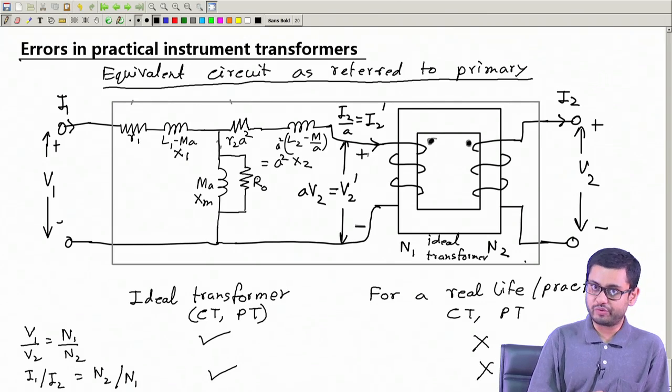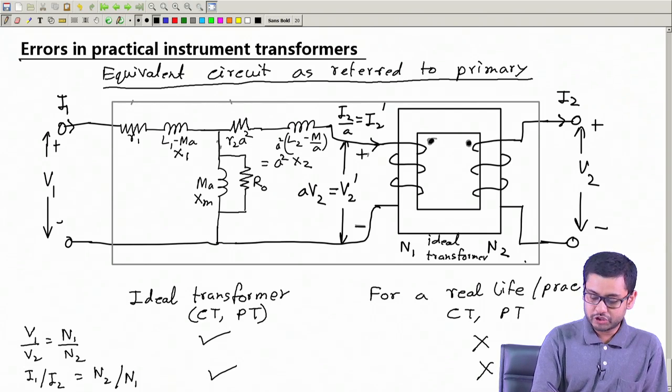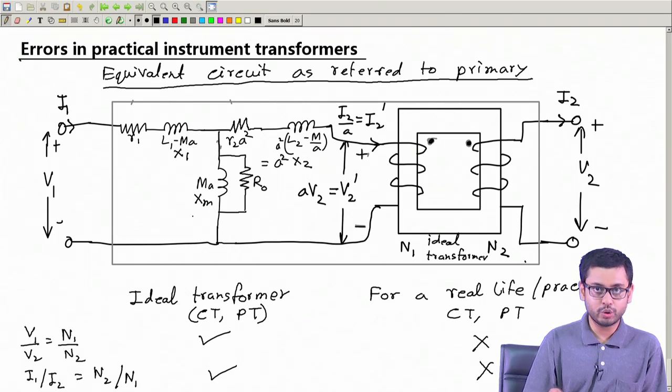Or you can think in this way: given a practical transformer, we can always put this structure, this impedance Xm and R0, before the primary, and then you find out suitable values of R1, X1, R2, X2, Xm, R0, everything, maybe by experiment. Do a lot of experiments and find out these values.